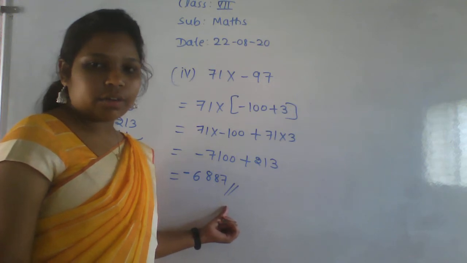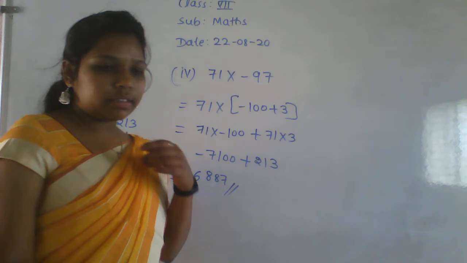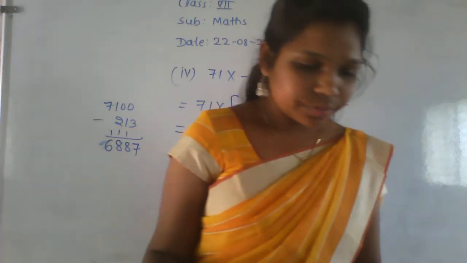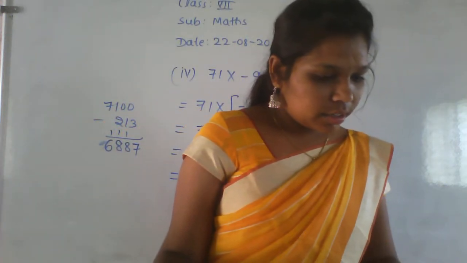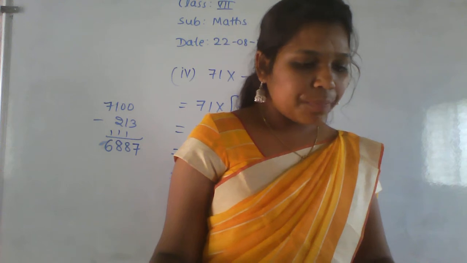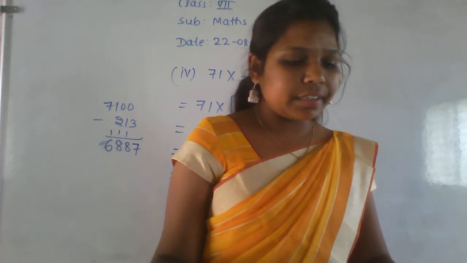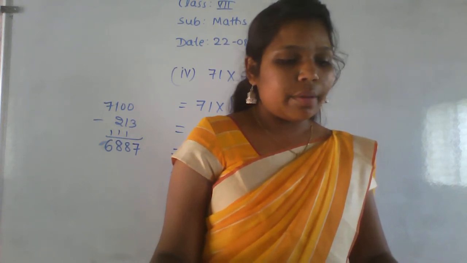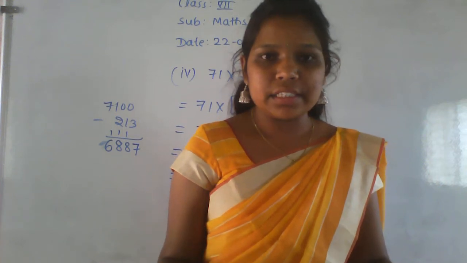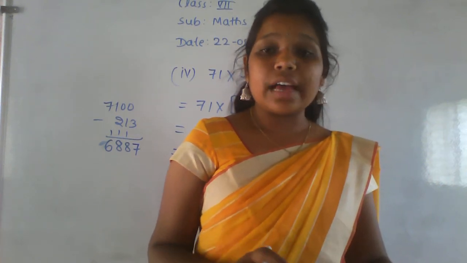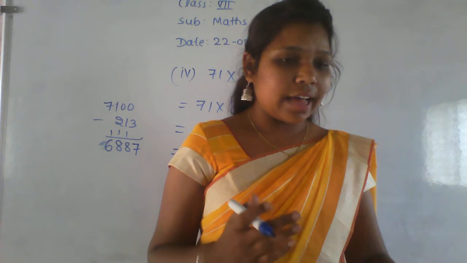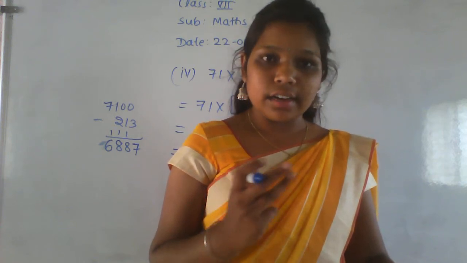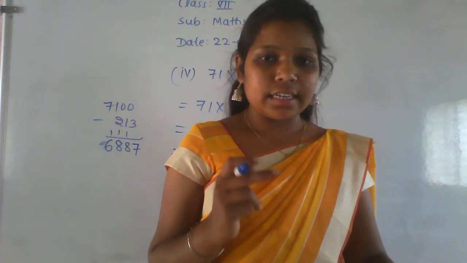Is everyone following? Okay. So the next question is the fifth one, minus 17 into minus 29. You can split the minus 29 into two numbers, that is minus 30 plus 1.